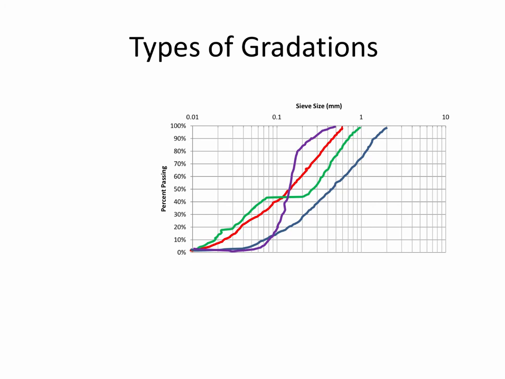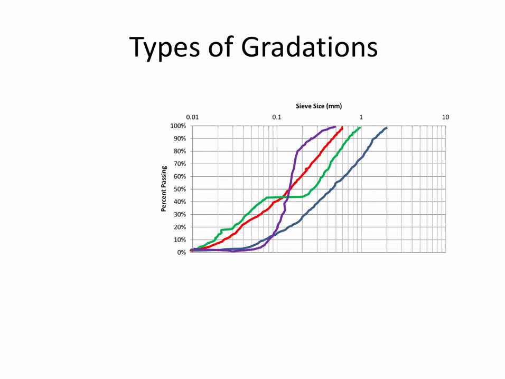The inverse of being gap graded would be if you were uniformly graded. And what that is, you have almost everything in the same size. And so you almost have 0% passing on the purple curve up to that 0.08 millimeters. But then you have a lot of sample up to 0.11 millimeters. And then it starts to flatten off again.